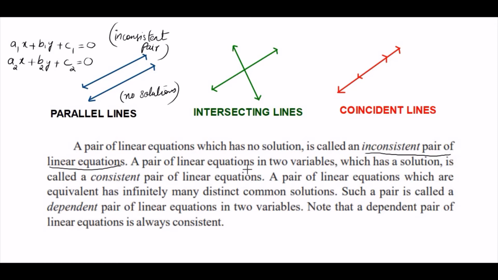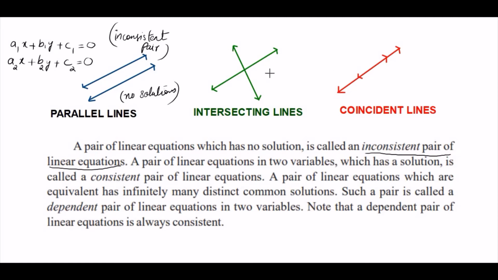Now, a pair of linear equations in two variables which has a solution is called a consistent pair of linear equations. That means here you have got a unique solution and here there are infinitely many solutions. So there are solutions for these two. That is, intersecting lines and coincident lines have solutions.